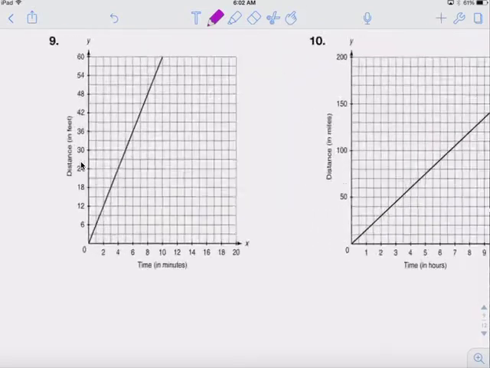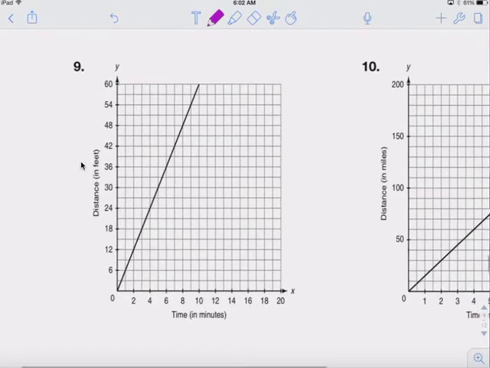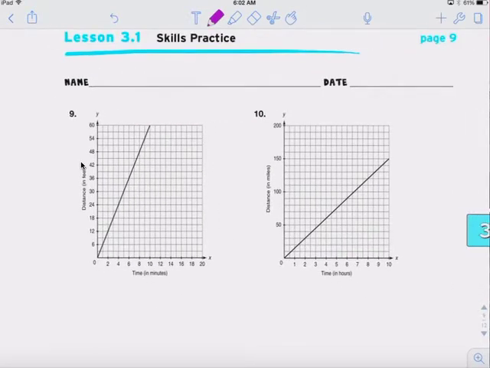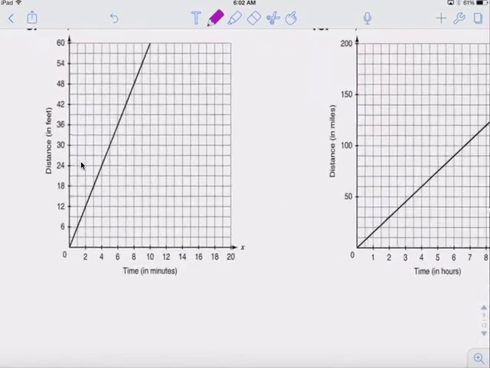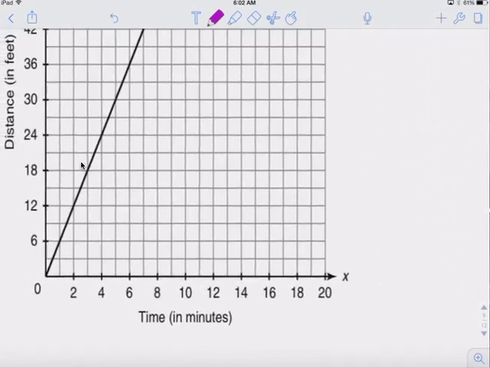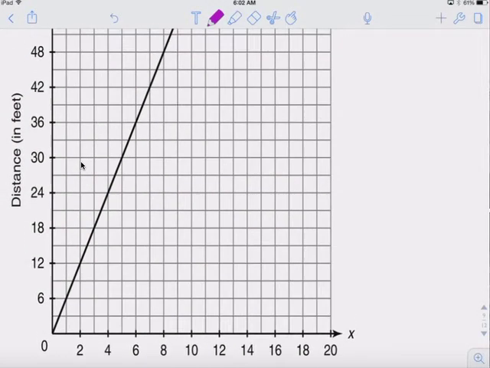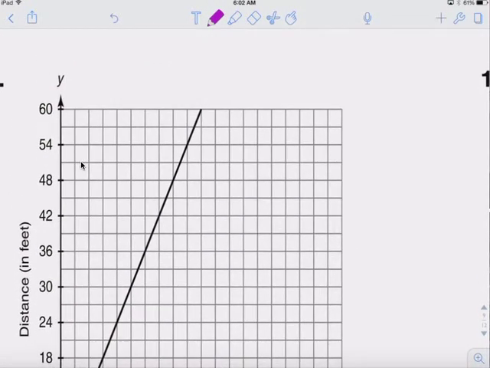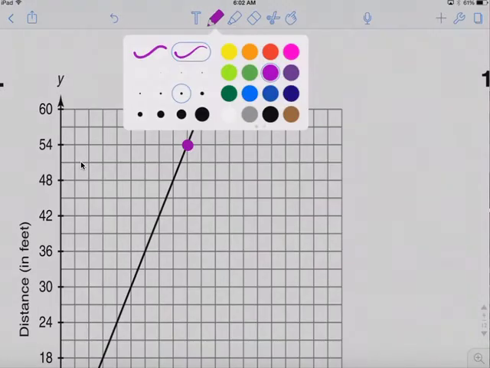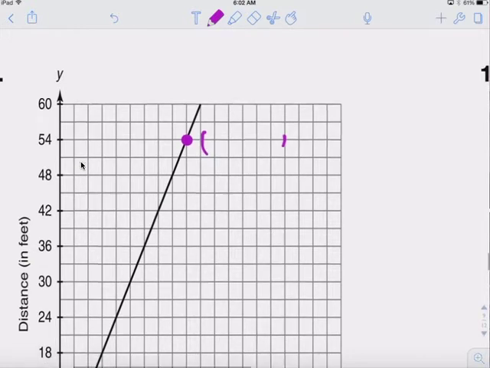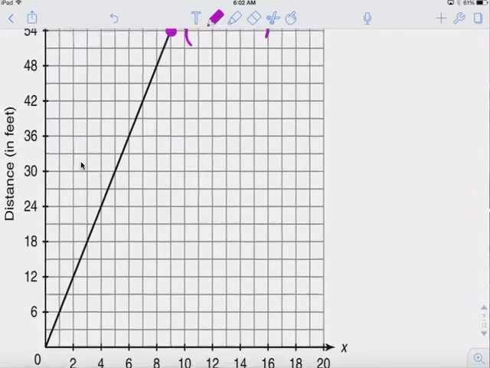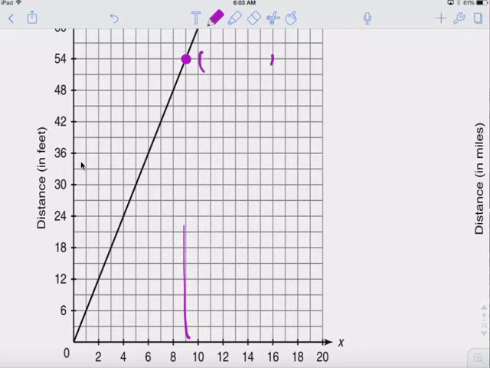Number 9, same thing. I think you guys can handle the rest on your own. I'll do one more. You pick any points you want. Okay, I'm going to pick, how about the next to the last. That's my first point. So that is on a graph, 9 and 54.